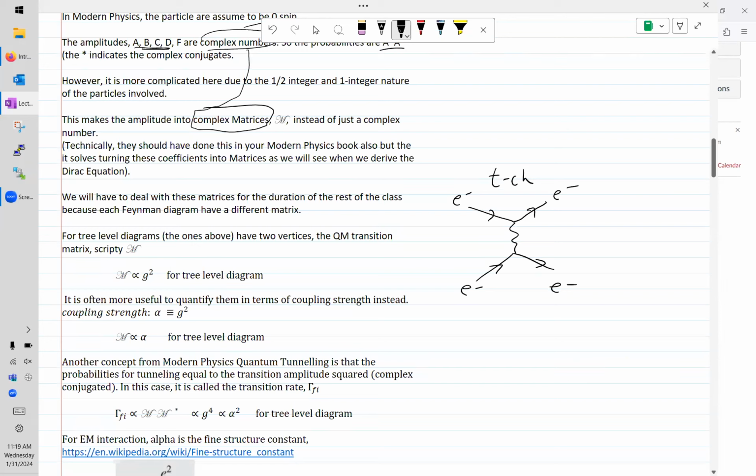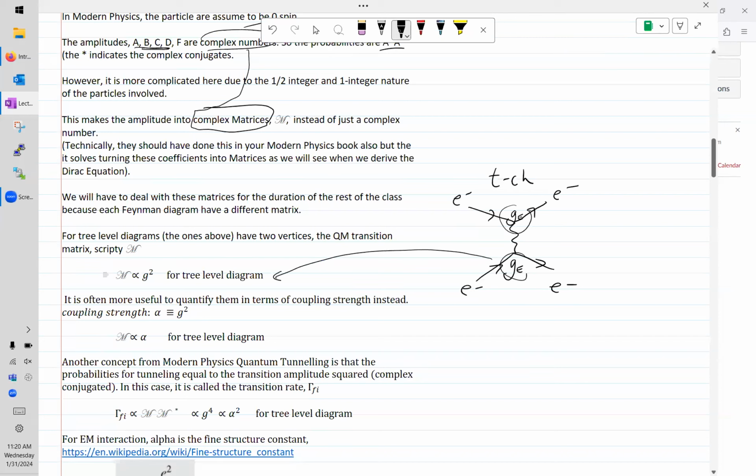So for this particular diagram, since it's an electromagnetic interaction, this will be proportional to G. I'm going to write G sub E, and this one's also electromagnetic, so it's also G sub E. This G tells you how strong the coupling is between the electrons and the photon. So there's a factor G here, and a factor G here.